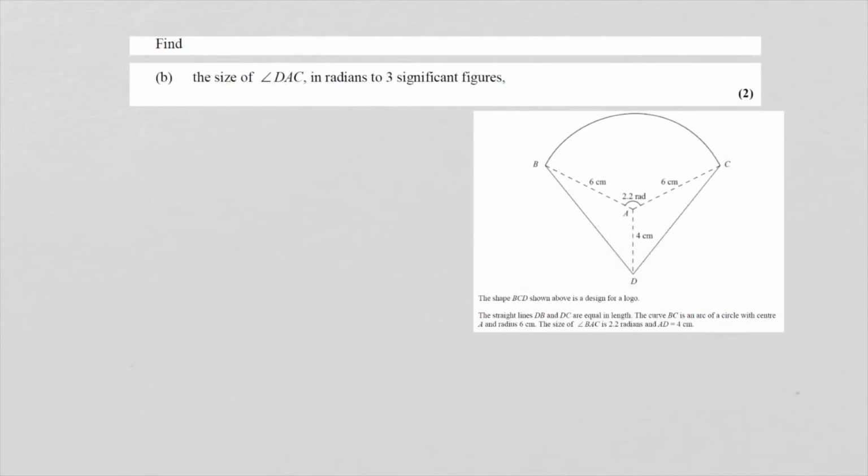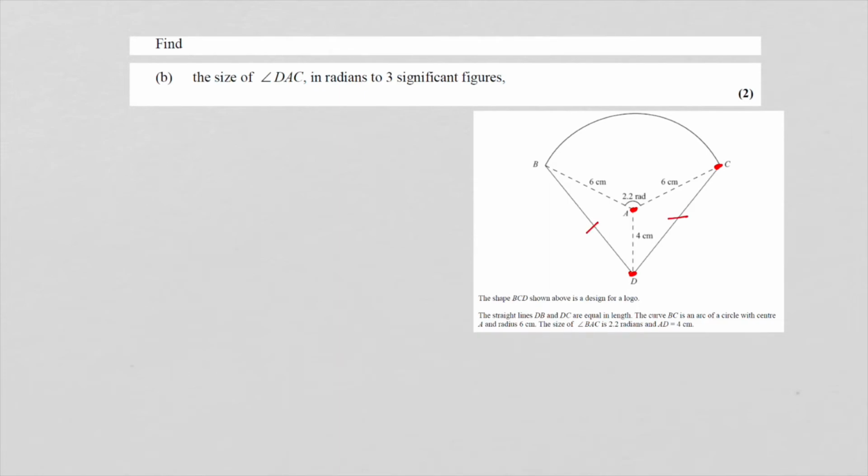Question B, the size of angle DAC in radians to 3 significant figures. This is DAC, but DAC is also the same as DAB because they have the same size here.